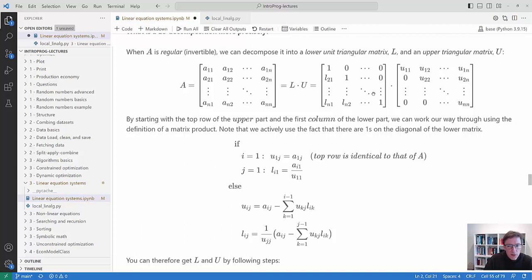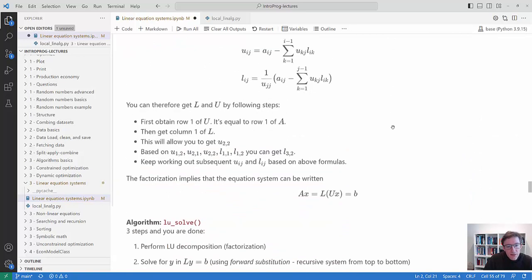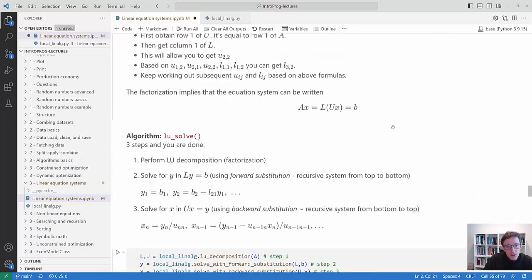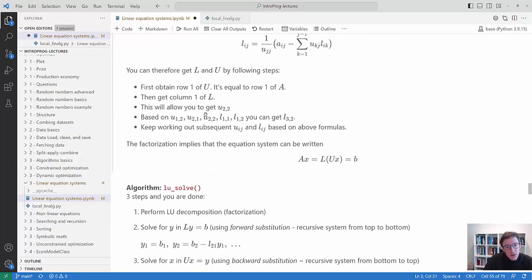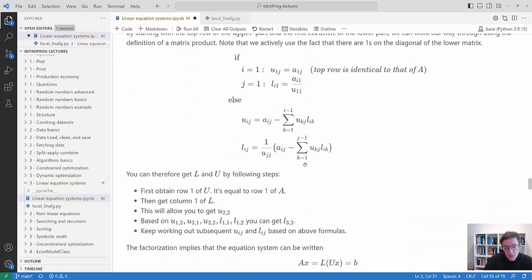Okay, so why do we want to split it up into these two matrices? That's because if we have that, then we can find a simple way to solve it. So this is the step you need to take to do this decomposition.